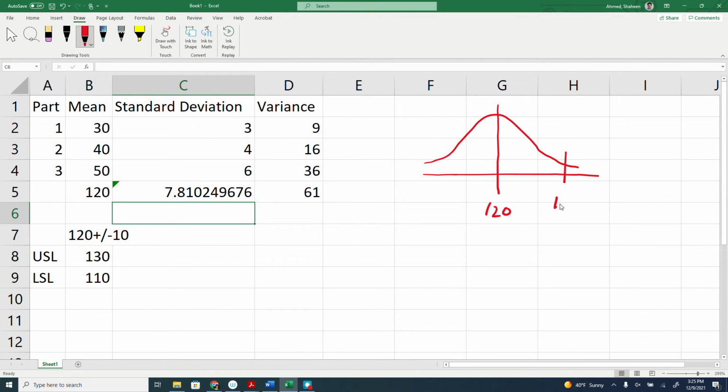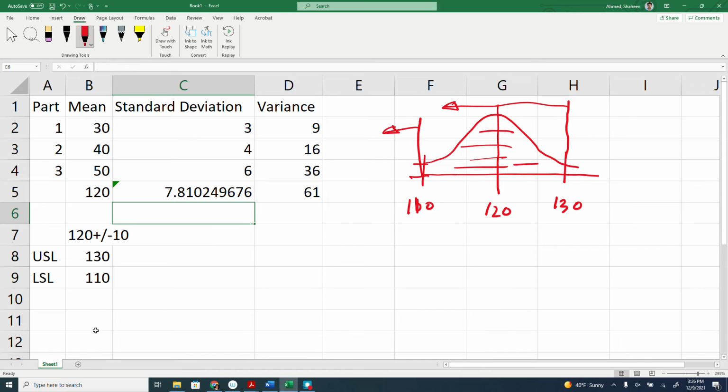Say the upper spec is 130, lower spec is 110. So how many of them will fall within this range? So in Excel, there is a function we can use to calculate all the area under the curve up to this point, and then subtract all the area under the curve up to this.